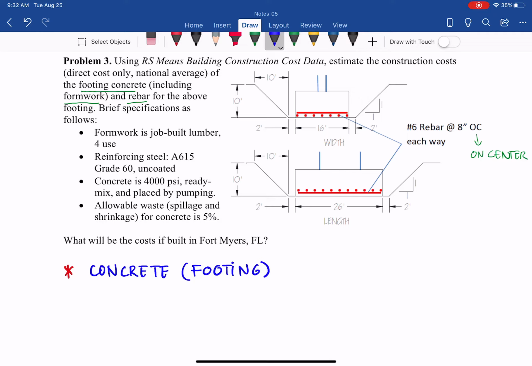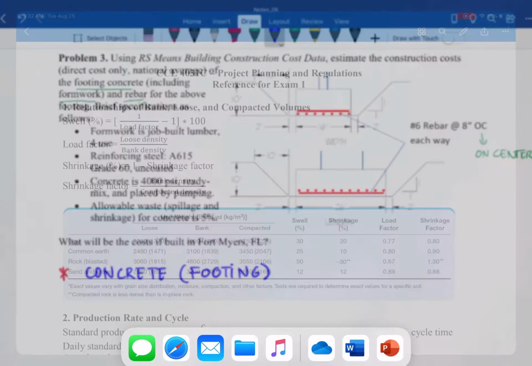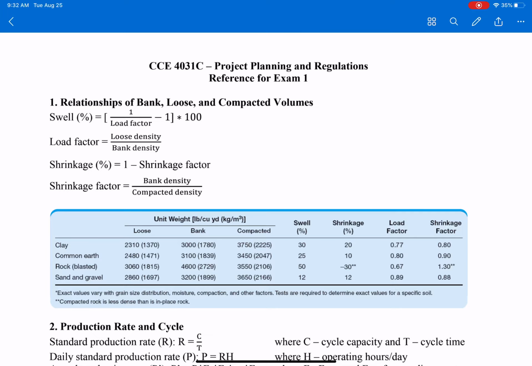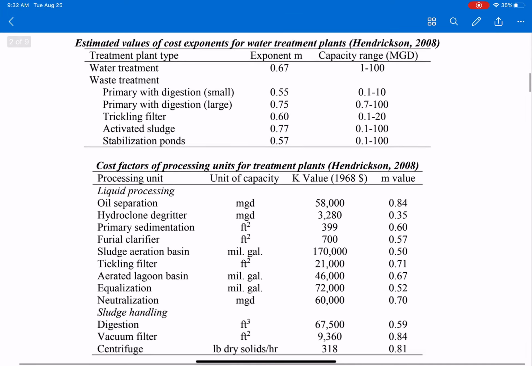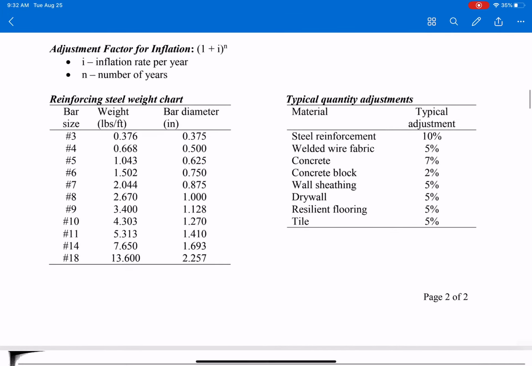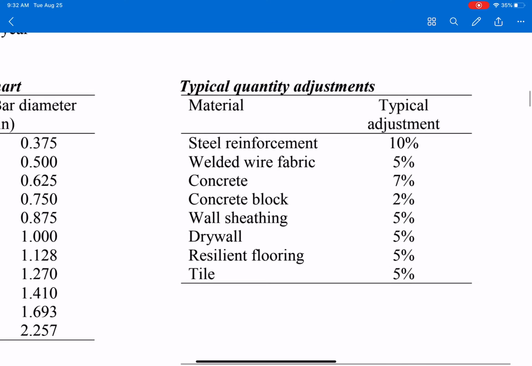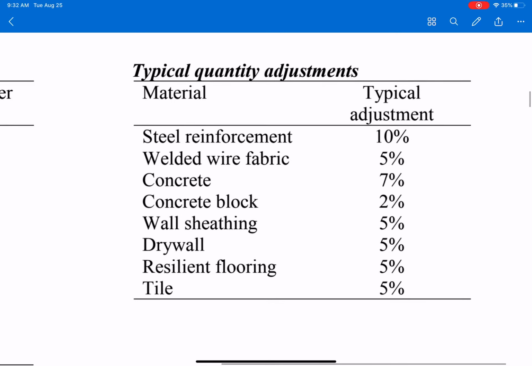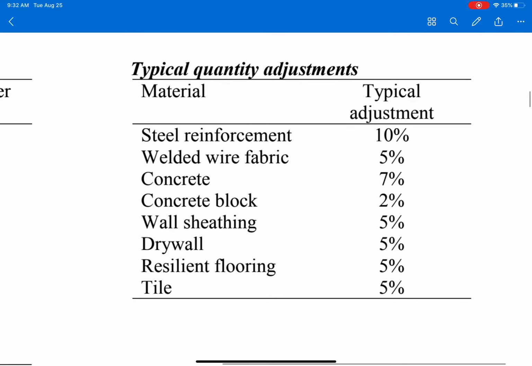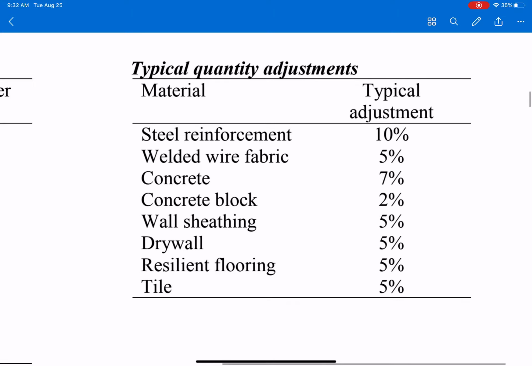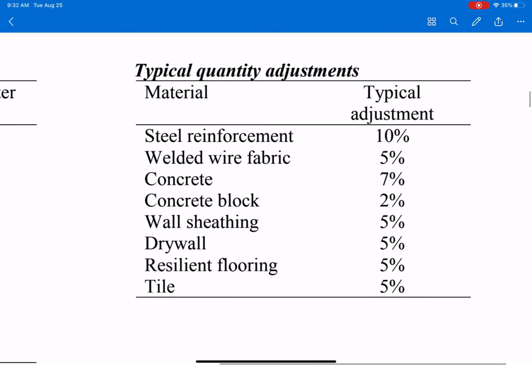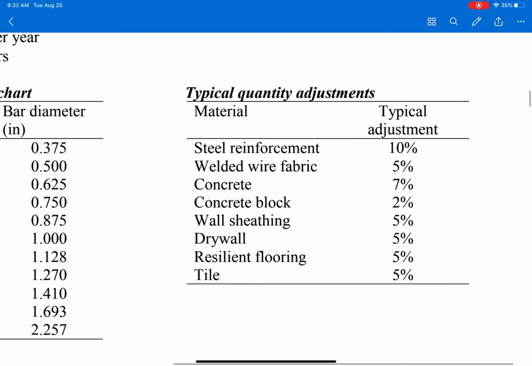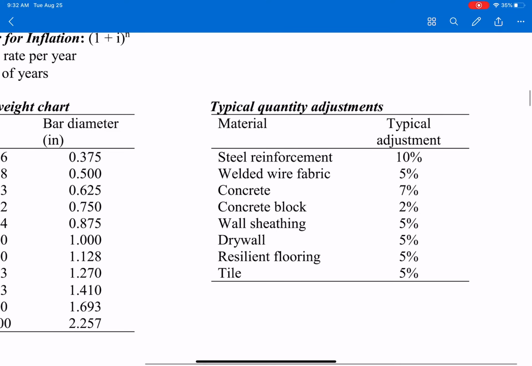The reference that I will show later also has waste. If the problem doesn't give us, then you go to the exam 1 reference, as you can see here, go down to the bottom of page 2, typical quantity adjustment for waste, spillage, etc. For different types of material, concrete is 7%, if you can pick that, or if the problem gives you 5%, then pick 5%, and we need to consider that.